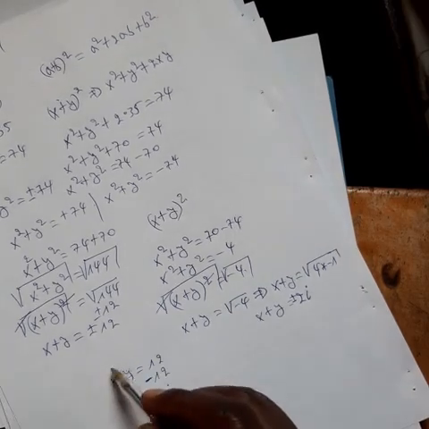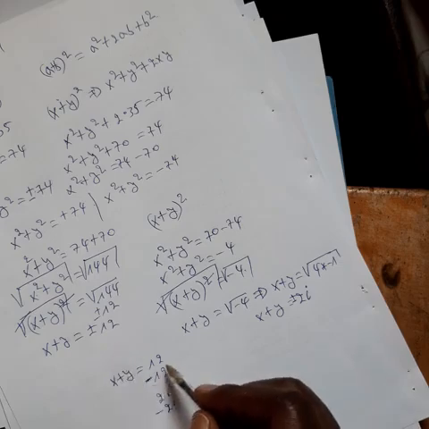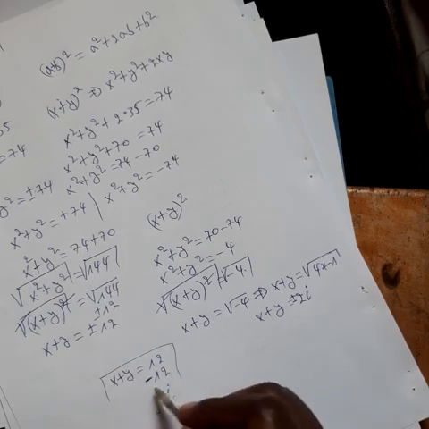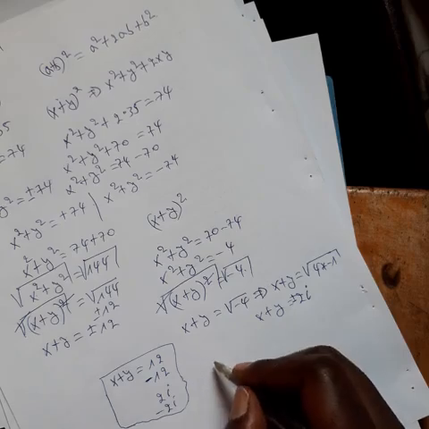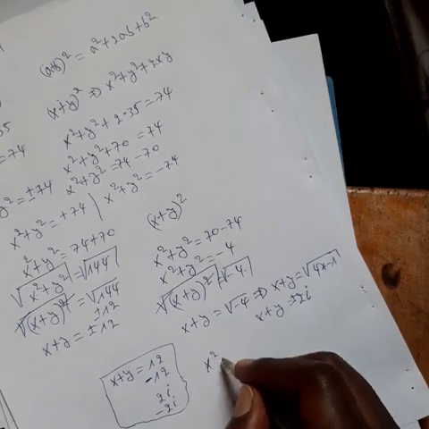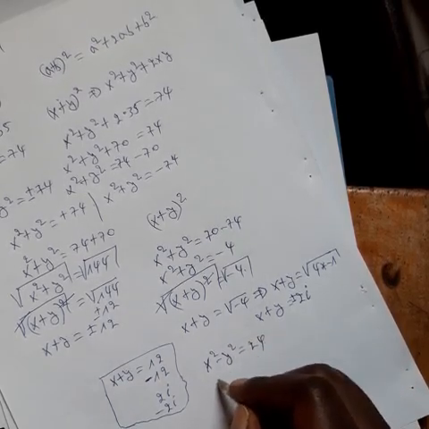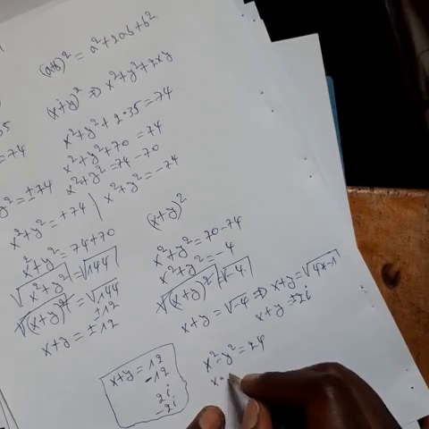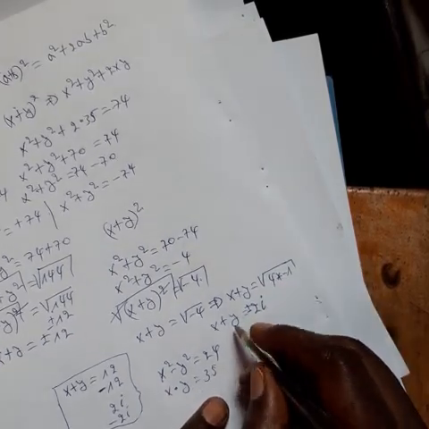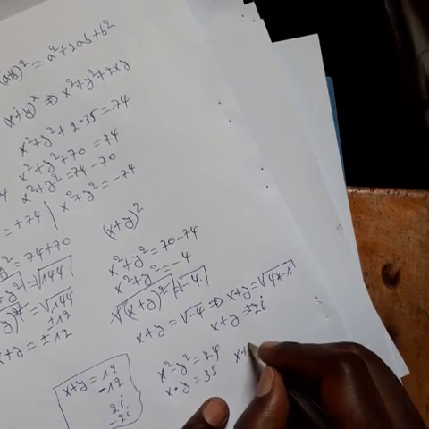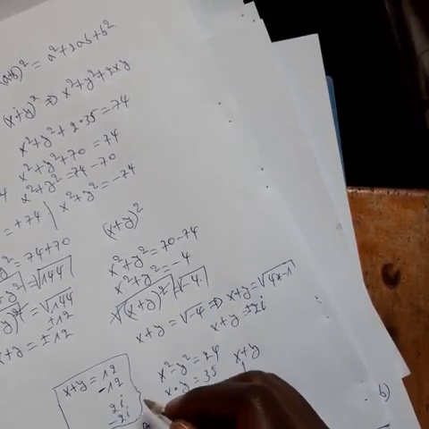So guys, I think this is clear, and this is the final answer of the question we started with, where we have x squared minus y squared equal to 24, and x times y equal to 35, and we were asked to determine x plus y, which are these answers.